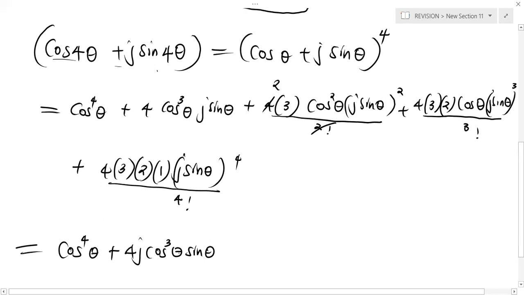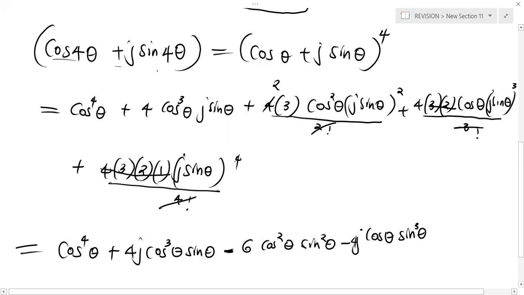Here we're going to have j², and j² is minus 1, so let me write the minus there: 6 cos²θ sin²θ. Then 3 factorial is the same as 6, so it will cancel with 4·3·2. j³ is the same as minus j, so we'll have minus 4j cos θ sin³θ. And finally, the last term, 4 factorial will cancel 4·3·2·1, and j to the power 4 is the same as 1, so I have here sin⁴θ.